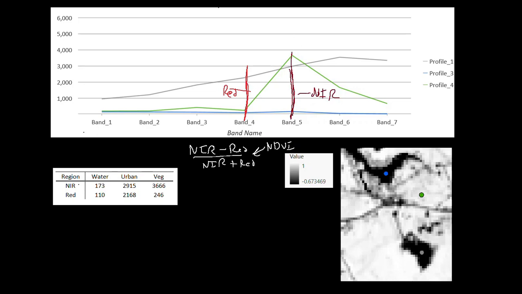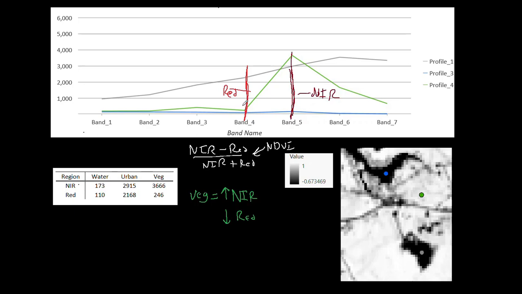Let's talk about vegetation first. Vegetation has high reflectance in NIR relative to the red, and relatively low reflectance in the red. That's what it means to have this slope: higher reflectance in the NIR than in the red.